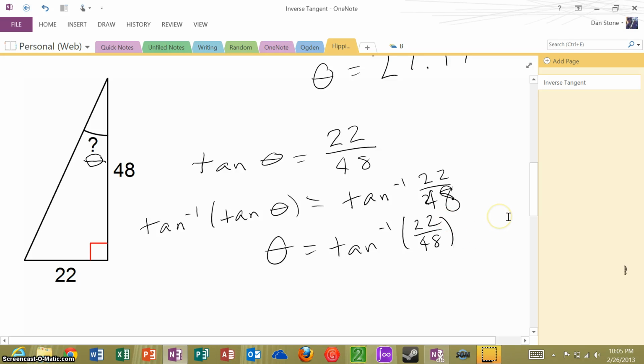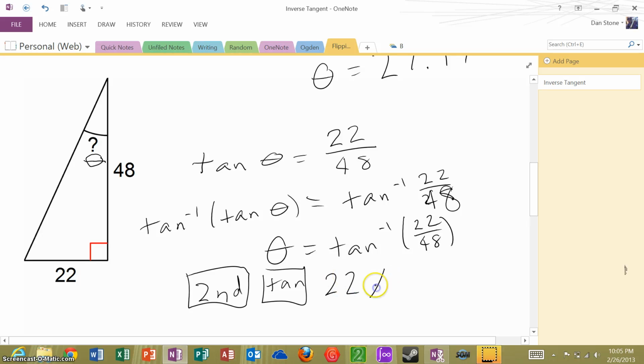Then we just punch that into our calculator. We hit the second key, the tan key, second tan, then we're going to type in 22 divided by 48. I'm going to close the parentheses. It gives us a free parenthesis when we hit the inverse tangent.